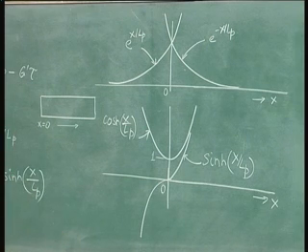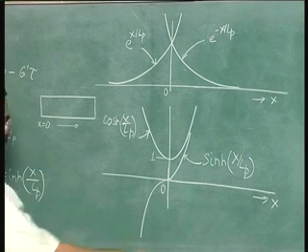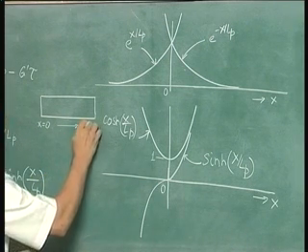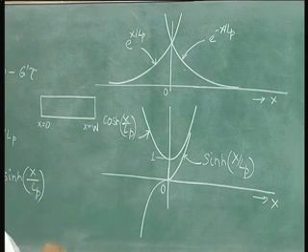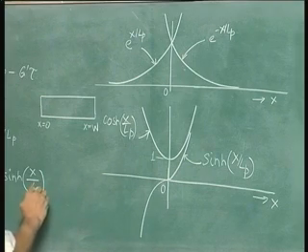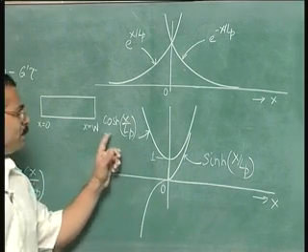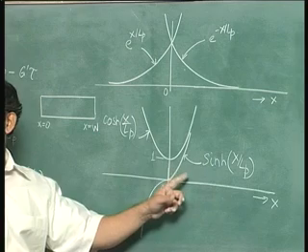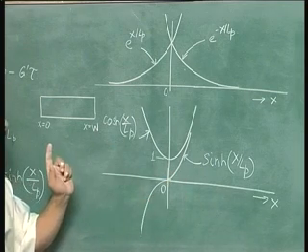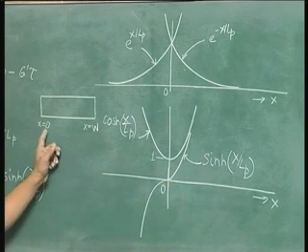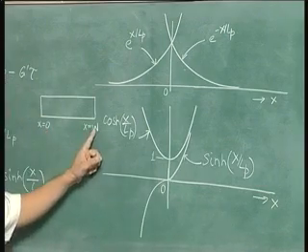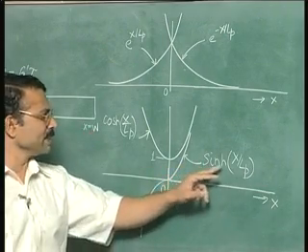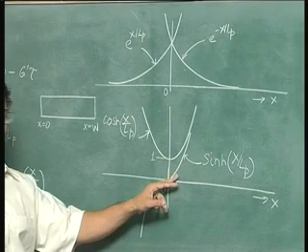On the other hand, if the length of the block is finite, so if this end is x equal to w, where w is not infinite, then it is one of these two hyperbolic forms which will be useful. If the boundary condition is that excess carrier concentration is 0 at one of the ends, then evidently it is a sine hyperbolic function that is appropriate.